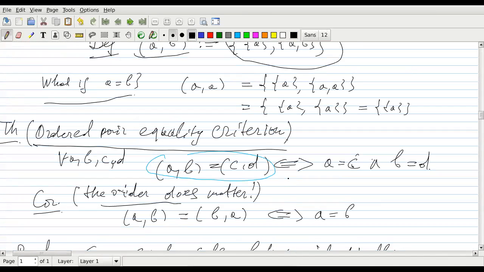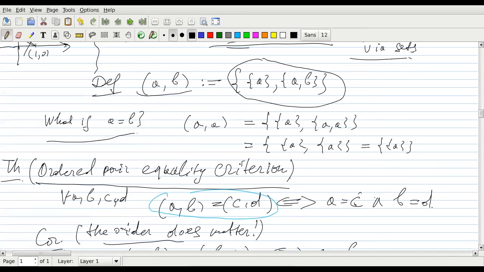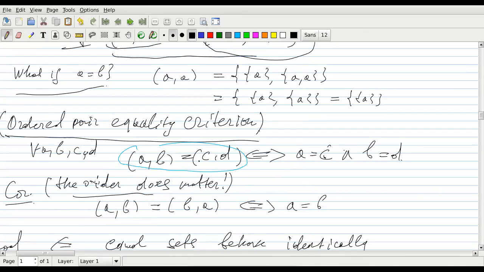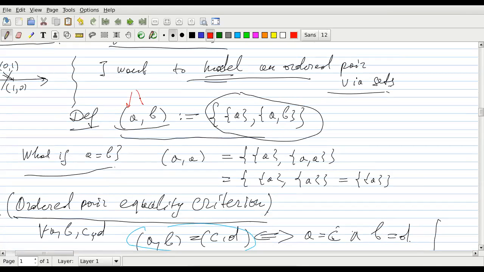In general, we don't want to know the inner structure of this pair. The main fact about this pair is this one, that two ordered pairs are equal if and only if their respective parts, their coordinates, are equal.